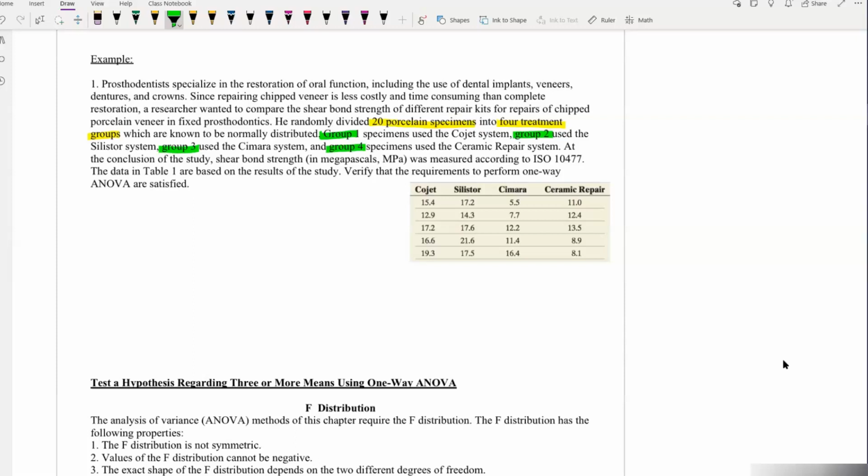Verify the requirements to perform one-way ANOVA are satisfied. So, requirements.